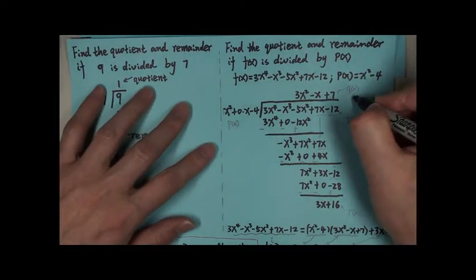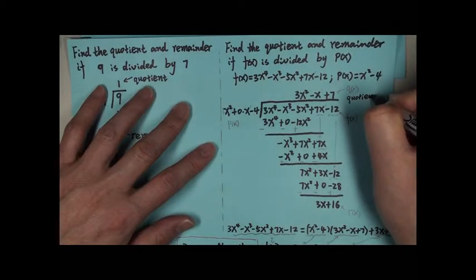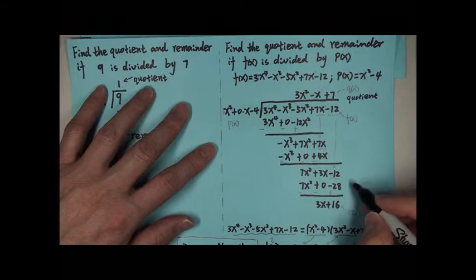This one we call the quotient, and this one we call the remainder.